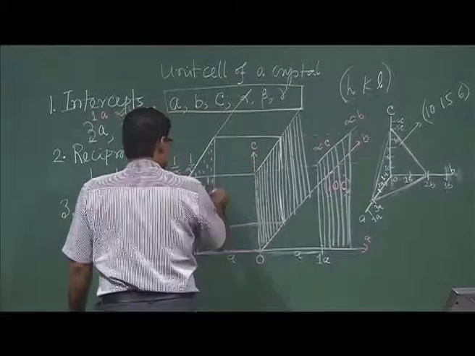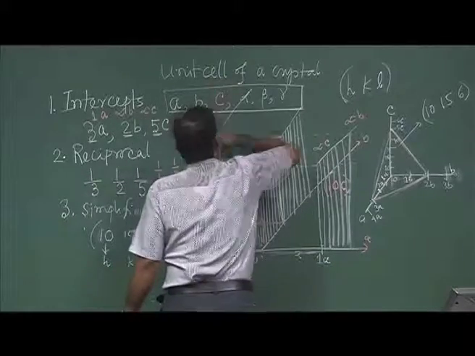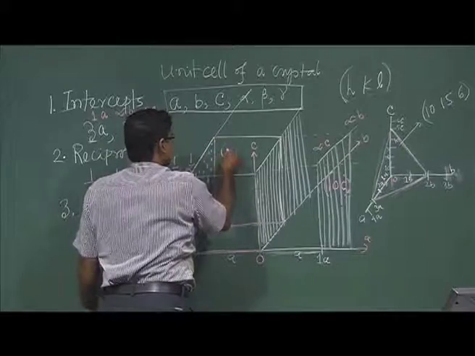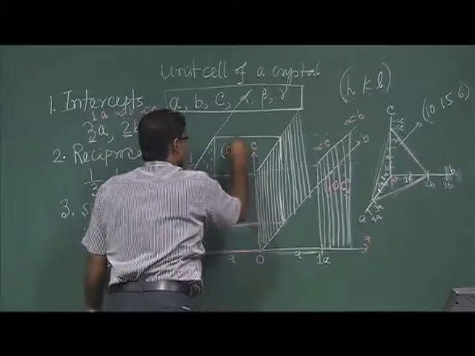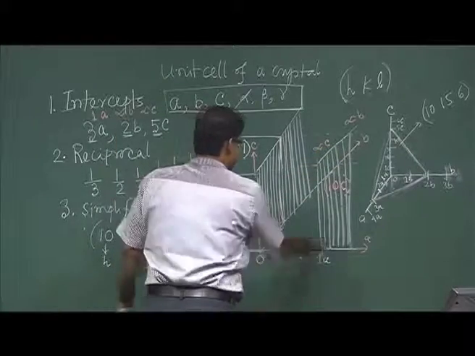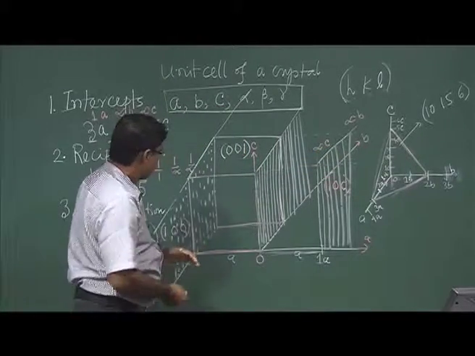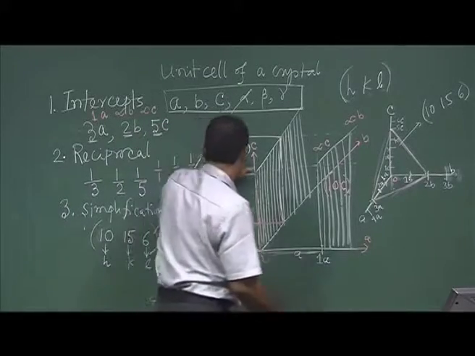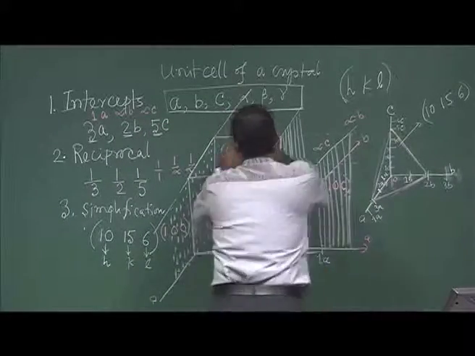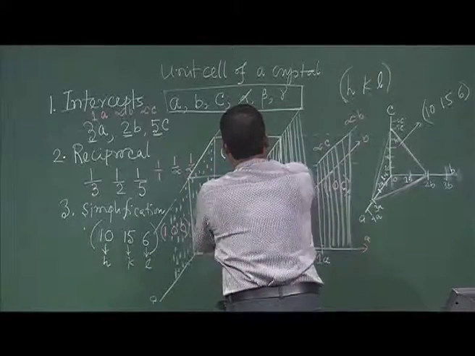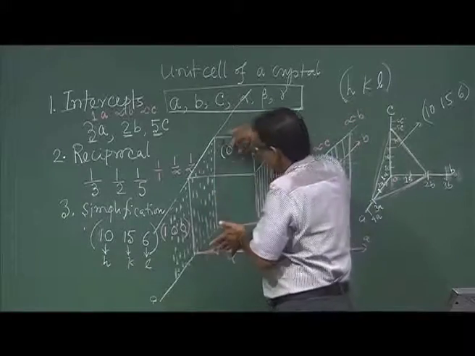So this set of parallel planes cutting the C axis will be 0 0 1. We follow the same procedure for this plane. And this other face is another set of parallel planes.